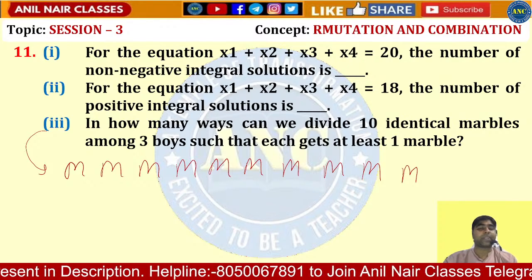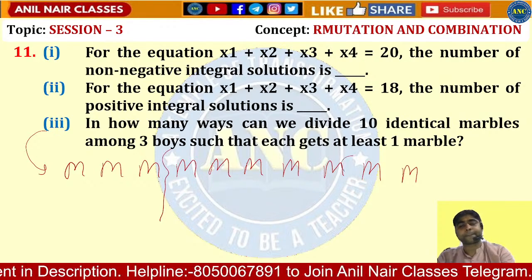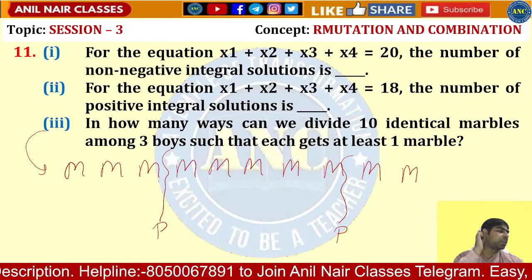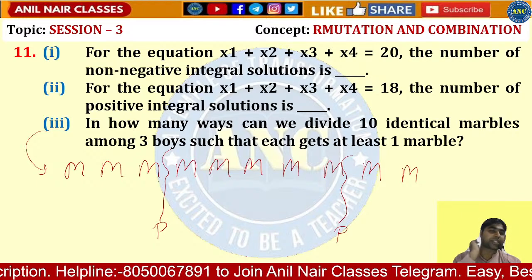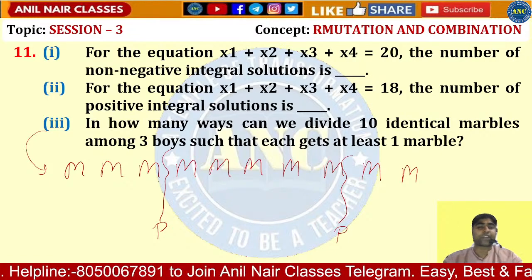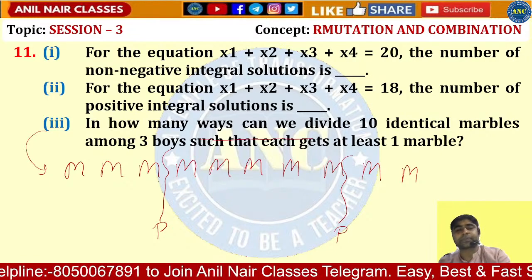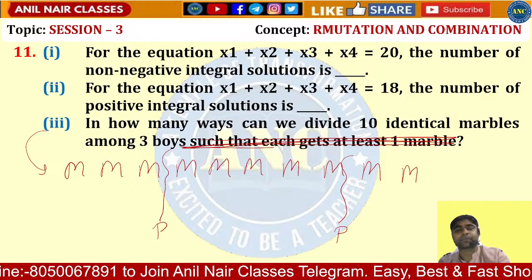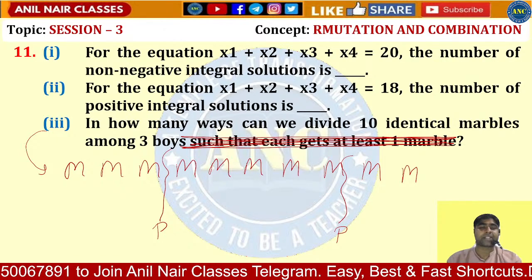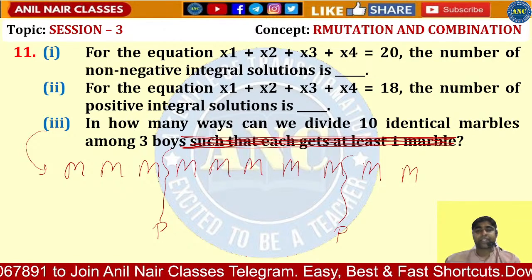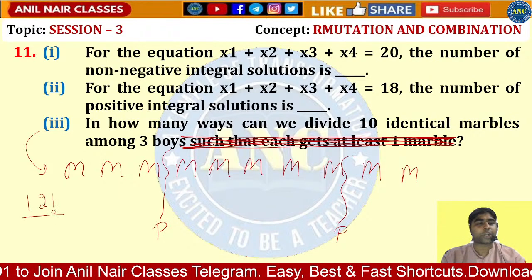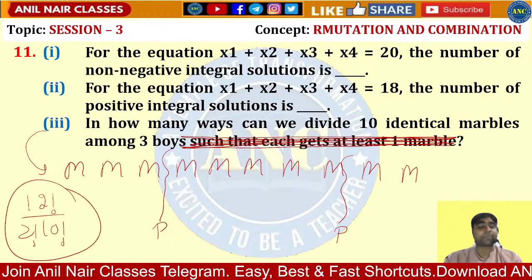I have to divide them among 3 boys. So 2 partitions would make 3 distributions. If the at least 1 condition had not been there, the answer would be 12 factorial upon 2 factorial into 10 factorial.